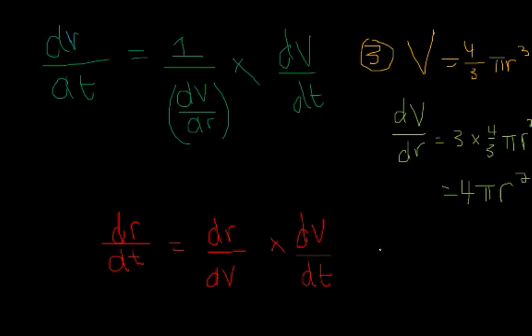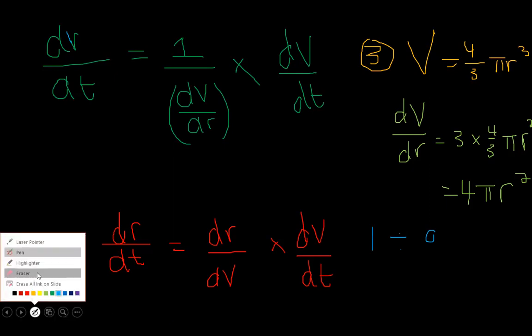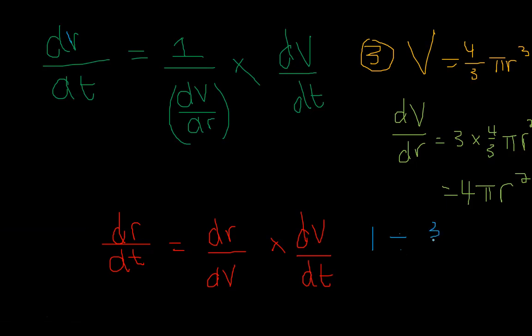But how exactly are they the same? Well, from primary school, when you were learning about dividing by fractions, let me not use dV and dr. Let me use 4 and 3. If I told you to find the value of 1 divided by 3/4, we know from primary school, when dividing by a fraction, it's the same as multiplying by the reciprocal, the reciprocal meaning the flip of the fraction, right?